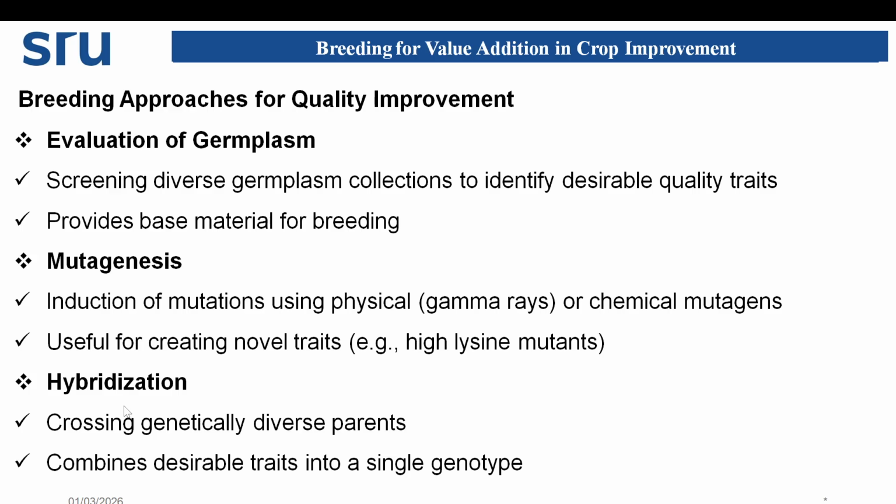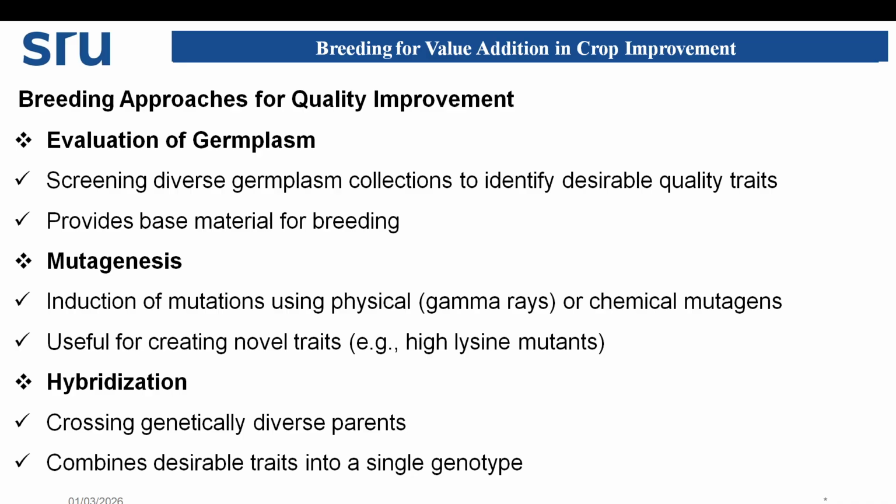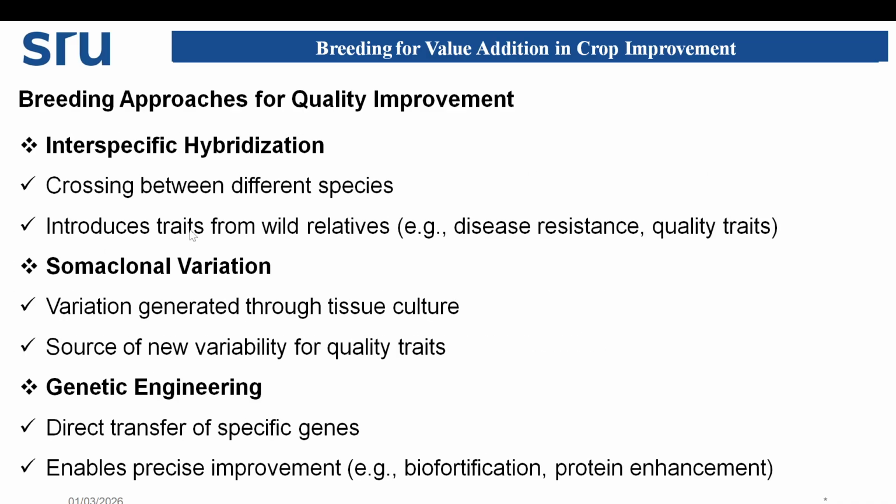Third, hybridization, that is crossing between genetically diverse parents. It combines desirable traits into a single genotype. Next, interspecific hybridization, crossing between different species, introduces traits from wild relatives, that is disease resistance and quality traits.